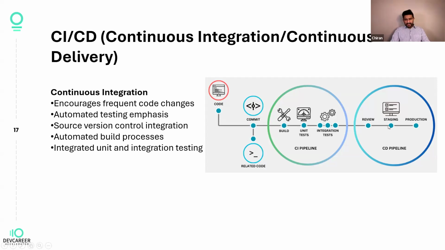If there are any changes, you come back, change your code, go back over here, and run the unit tests. Once everything is done, you deploy to staging. Once everything is completed in staging, you deploy the same code in production. So that's the CD part, which is continuous delivery or continuous deployment.